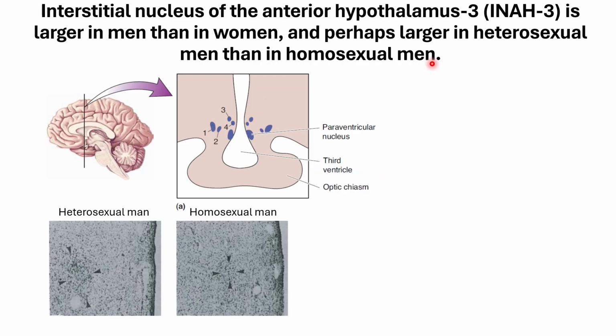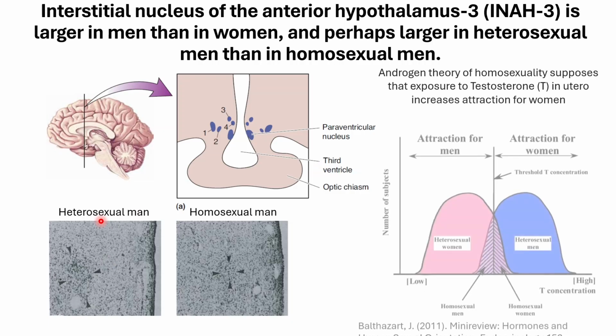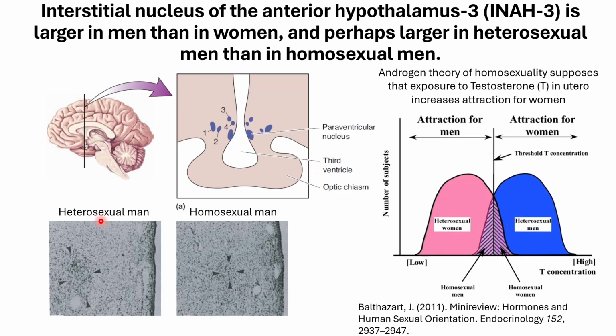INAH3 is larger in men than it is in women on average. So that's sexually dimorphic. And what we have found is that there are some studies that show that homosexual men have a smaller INAH3 than heterosexual men, which is similar to the kind of thing that we see with rodents and early hormonal environment. And this leads to the idea, this is a hypothesis, that early hormonal exposure may be an underlying feature of things like sexual orientation and even gender identity, in that most men are going to be heterosexual.